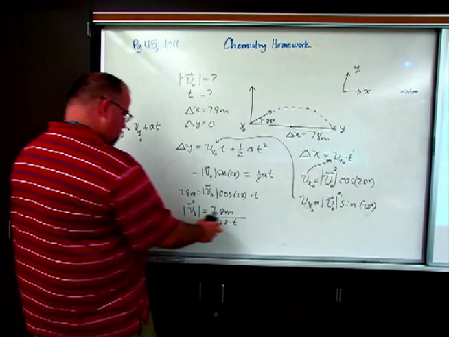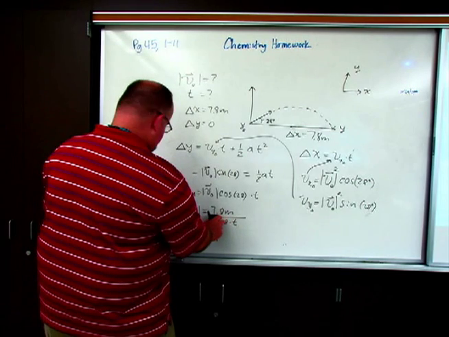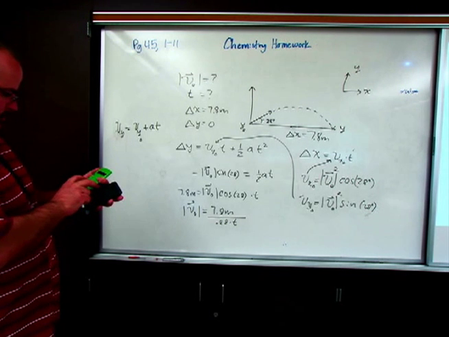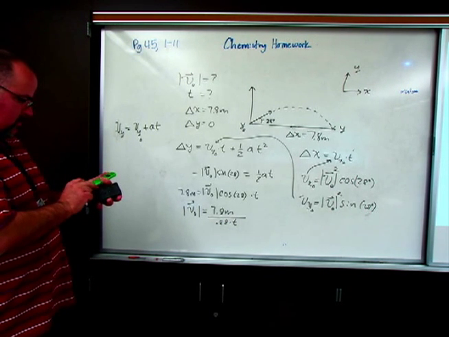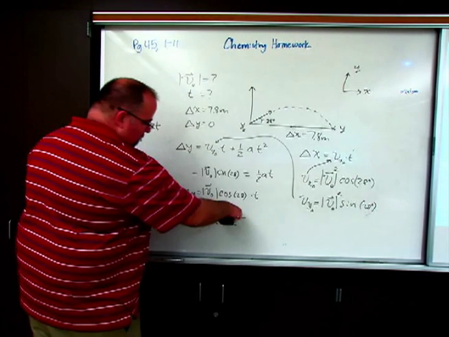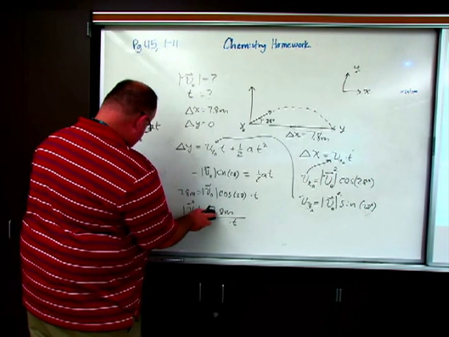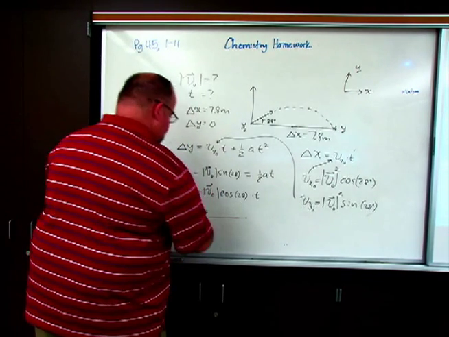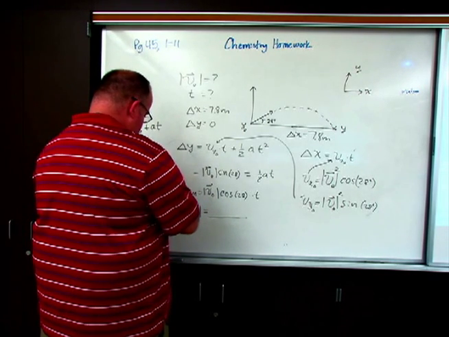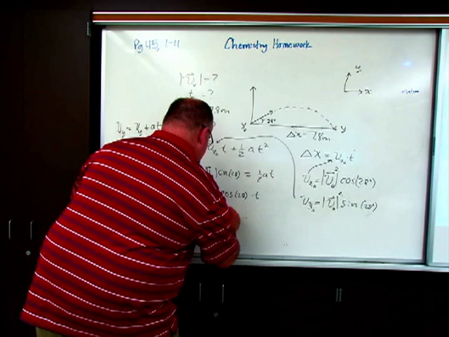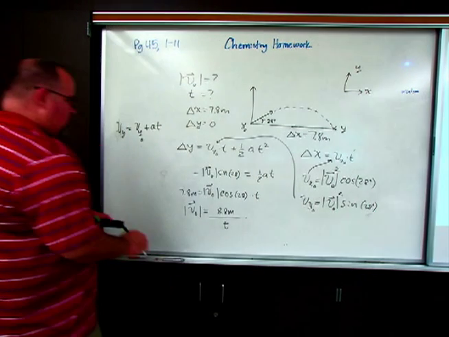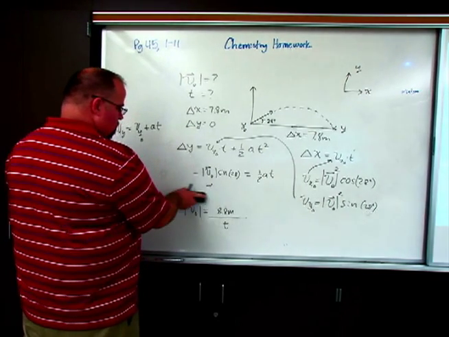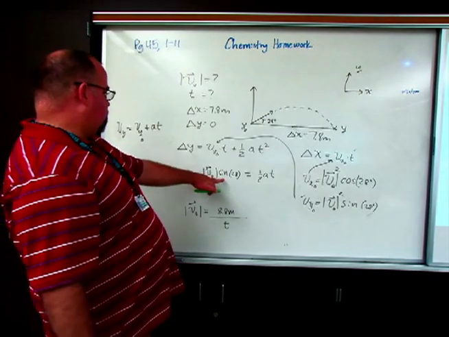I can flip this up, divide these two, and get 7.8 equals... I can flip this up to the top, and this becomes 8.8 meters over time. Okay, so that's simplified. Now I'm going to convert this into a decimal.